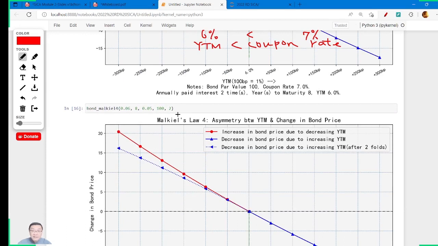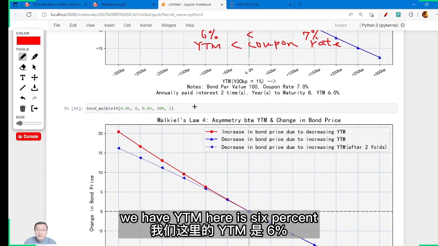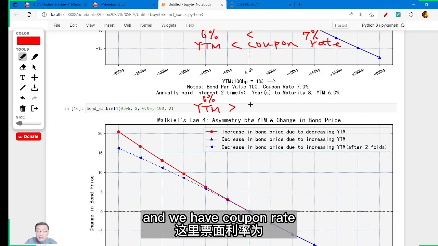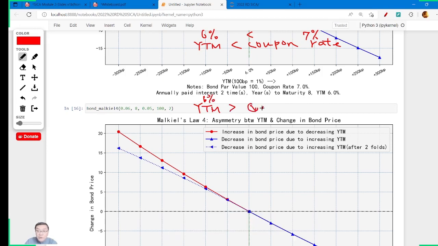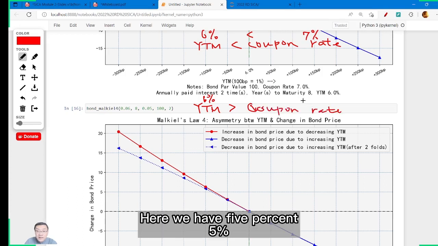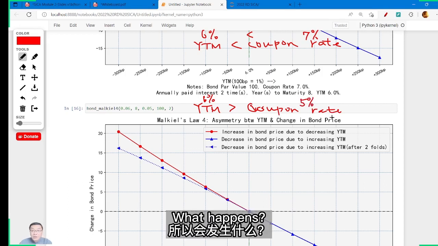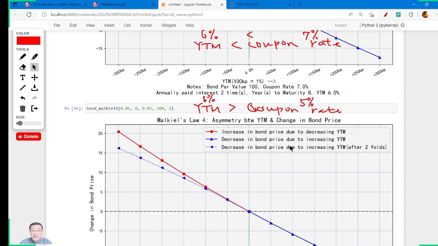Here YTM is 6%, and we have coupon rate here, 5%. What happens? What happened?